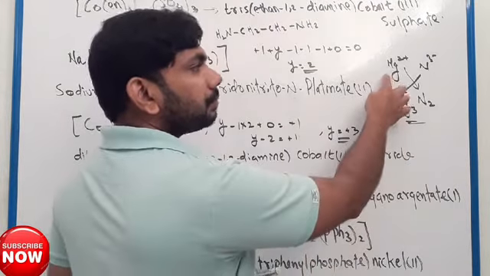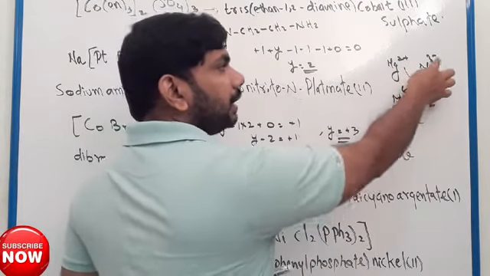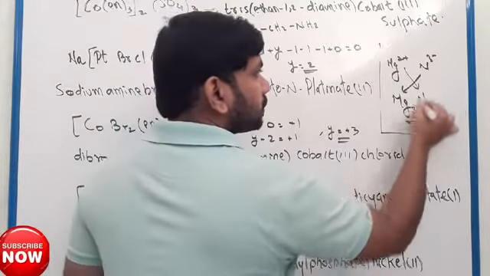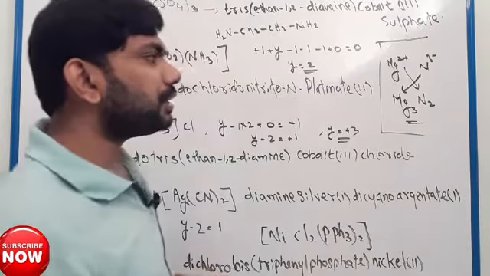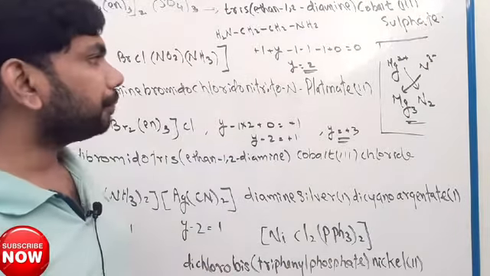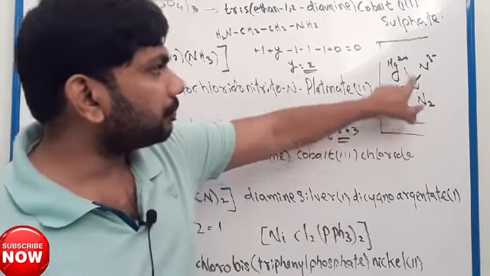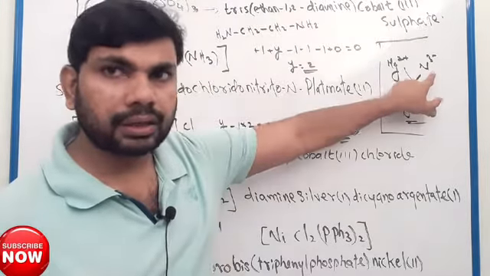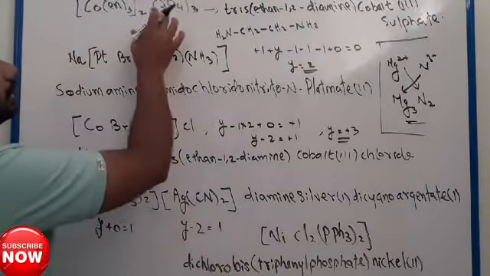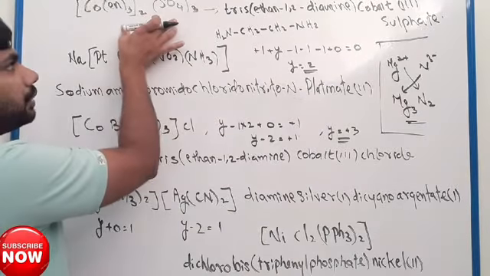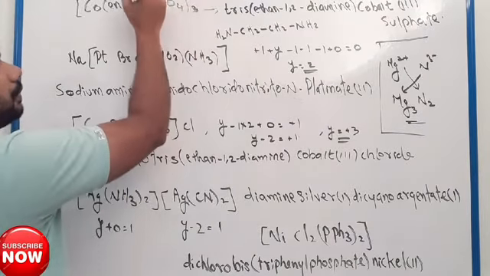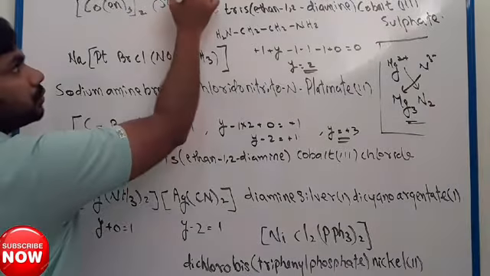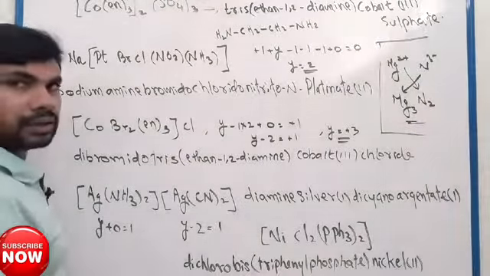We know magnesium is 2 plus and N is 3 minus. So after cross multiplication it will be Mg3N2. Clear? So this 2 comes from here, this 3 comes from here. Similarly, in this ionic compound, this 3 comes from here and this 2 from SO4 2 minus. Clear?